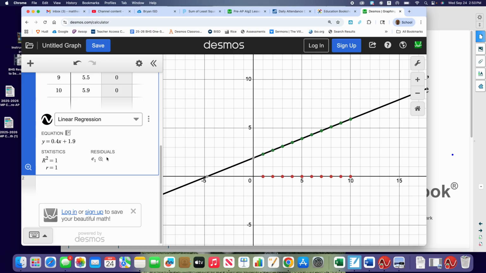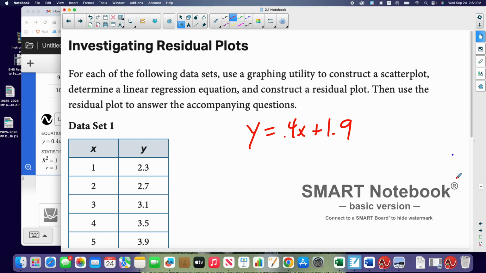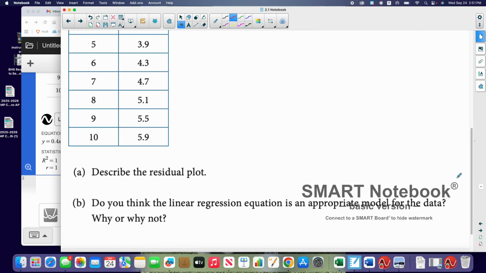What would you say? They're all x-intercepts, right? What did you say? Zero. They're all zeros, right? All the residuals are zeros. It's figuring out how far away from the line those are. So they're all zeros. They make a horizontal line. Okay? So that's what we're going to say here. And so when we're describing this residual plot, we'd say they're all x-intercepts is what it looks like.